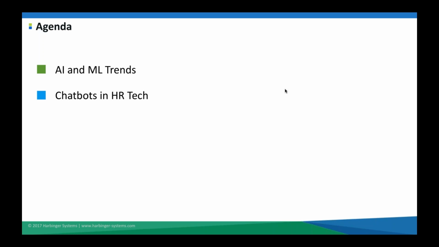Then we will do a deep dive into our experience and some of the samples that we have built of chatbots specifically in HR tech, and we'll also tell you how we built those. We will also talk about an example in machine learning in HR tech and how we conceptualized and implemented it.